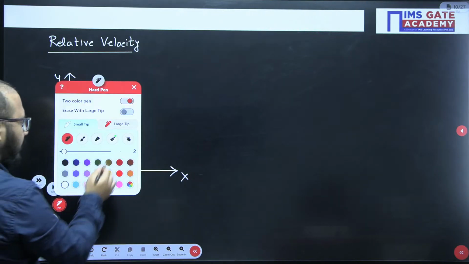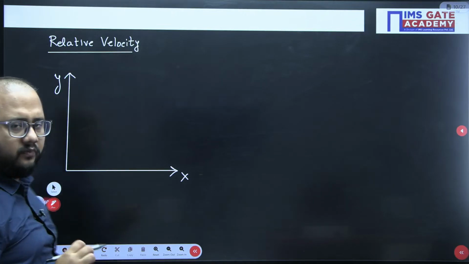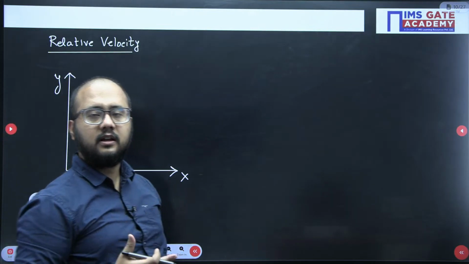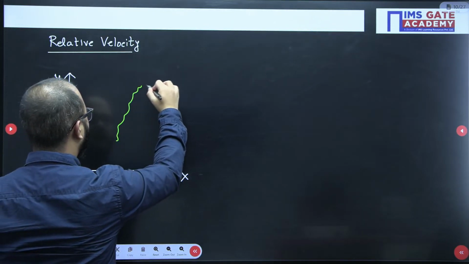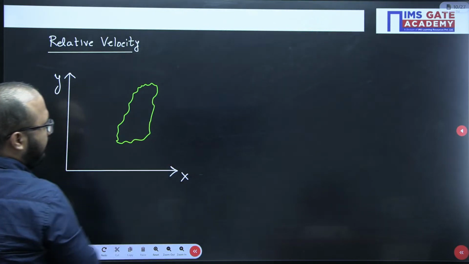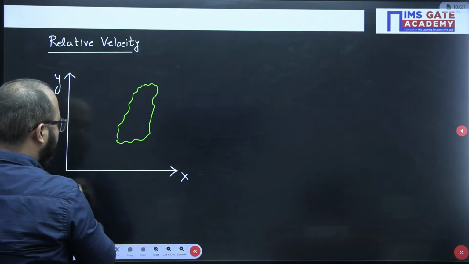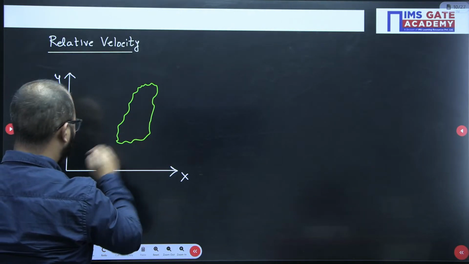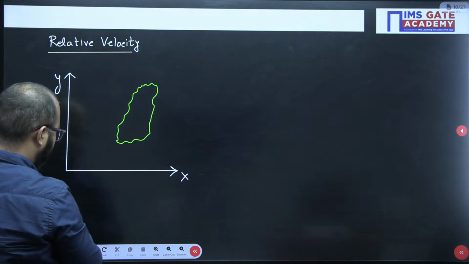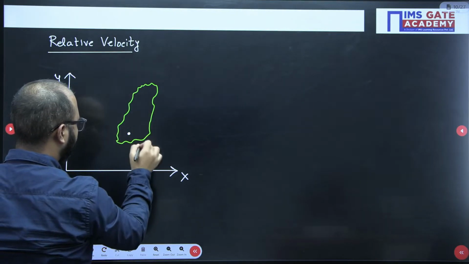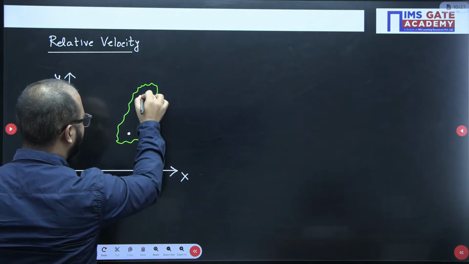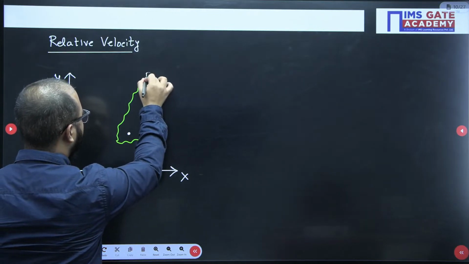Now, a very basic example I am taking, just to give you an idea how to approach this relative velocity. So any random body I have taken, right? In this random body, I have considered two different points. Point A, another point is point B.